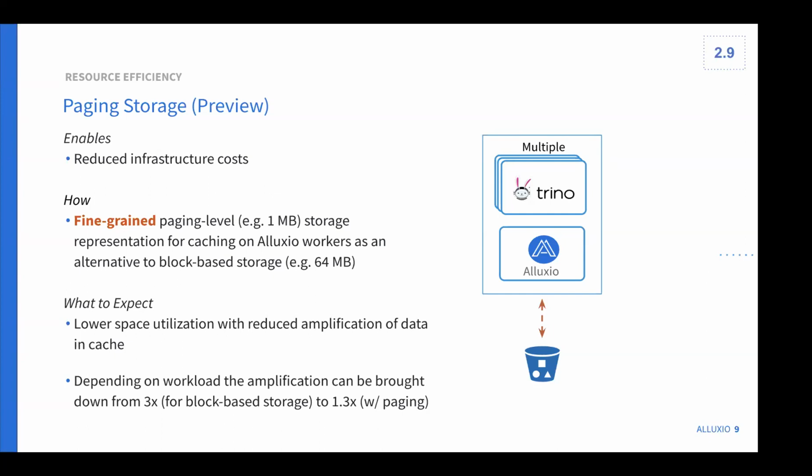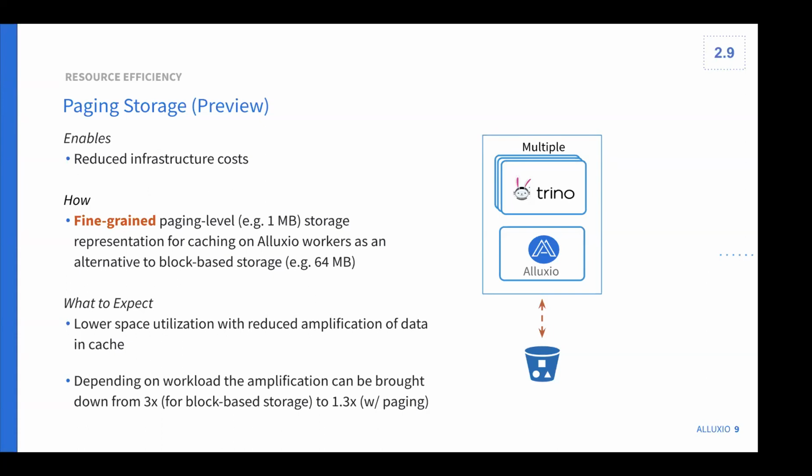So the size of a page is much smaller than what we're used to with a block. For example, if we access a 1 gigabyte file or a 500 megabyte file, and we only end up reading certain columns of those files, we would end up caching on the boundary of blocks before.